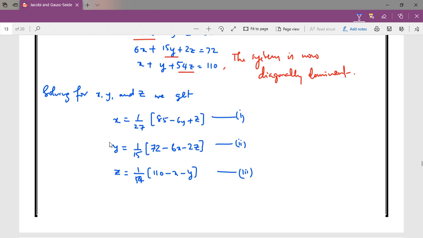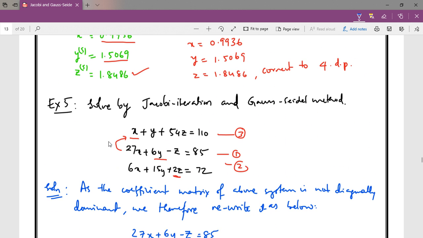So we only need to choose the initial values x0, y0 and z0. It is asked for Jacobi iteration as well as Gauss-Seidel. First we shall solve by Jacobi iteration.